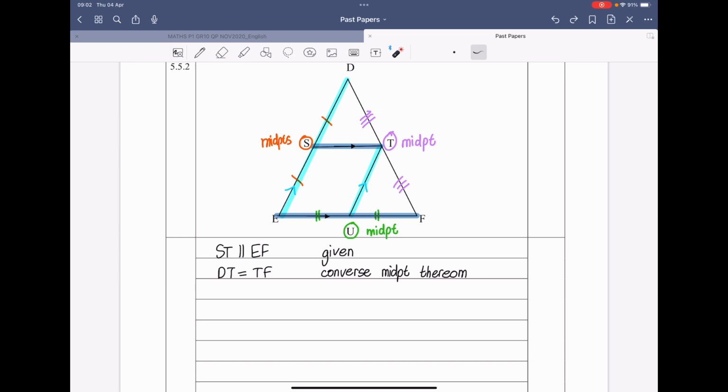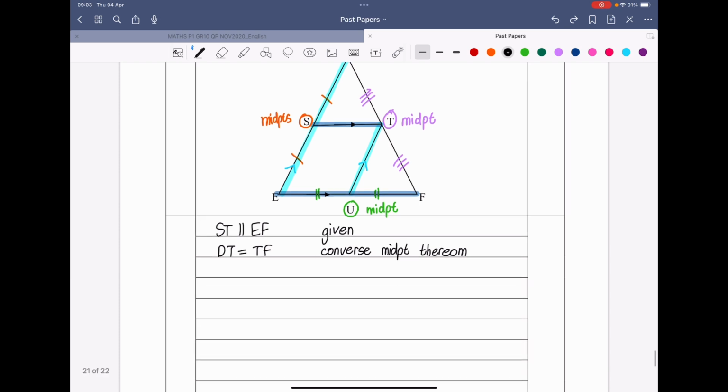So the line joining these two midpoints is also going to be parallel to this whole line of the triangle. And if it's parallel to the whole of DE, then it's also parallel to the whole of SE. So I'm going to say that UT is parallel to SE. It's parallel to the whole DE, but I'm just going to say SE because that's the parallelogram I'm trying to prove. And that's again by the converse midpoint.